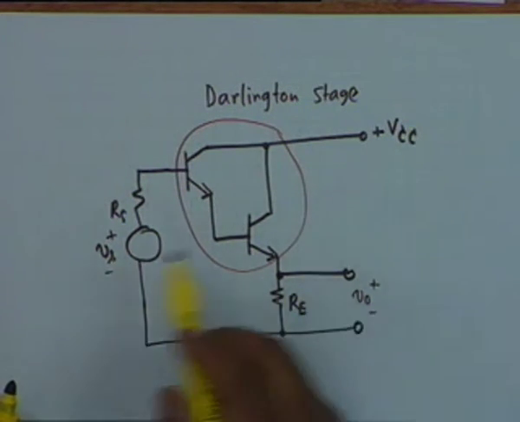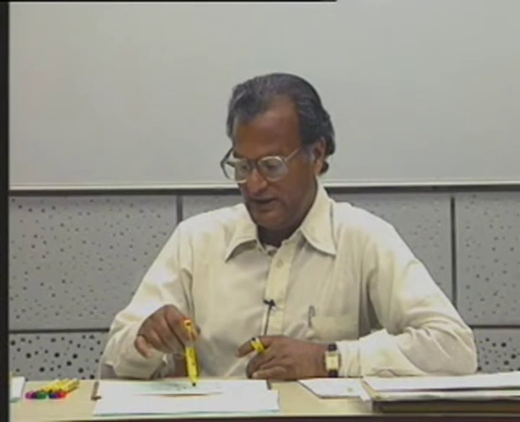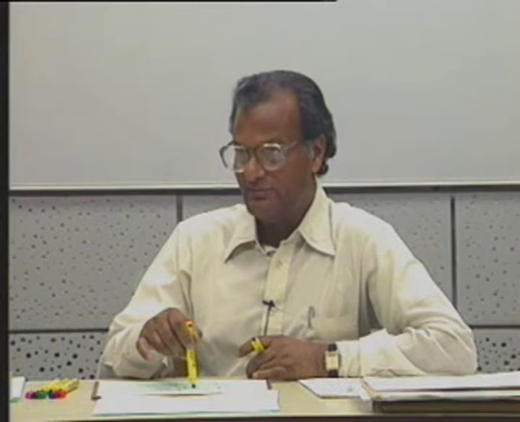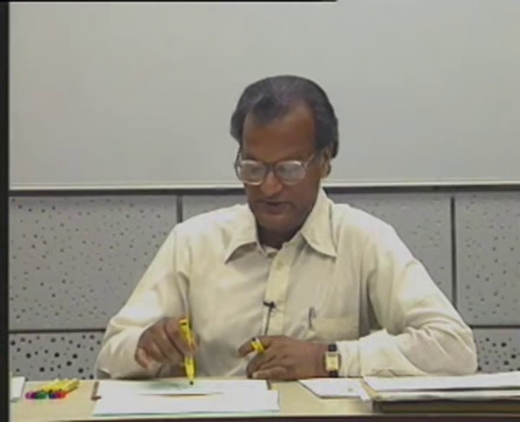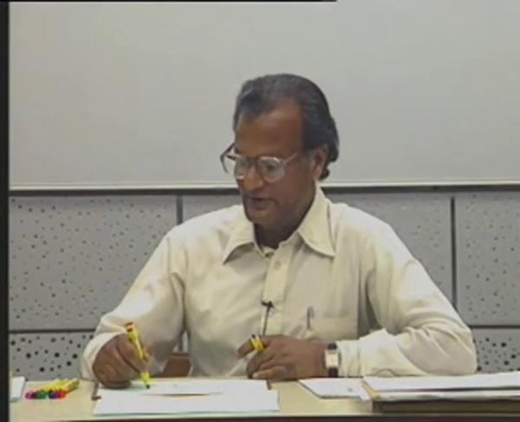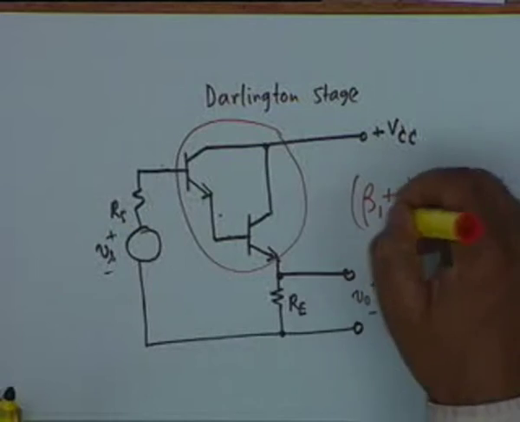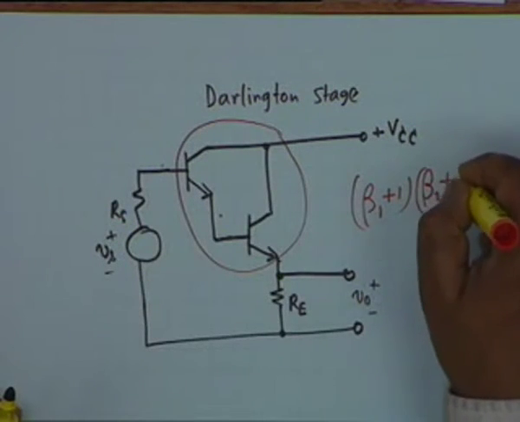Very grossly, the emitter current would be beta plus 1 times the base current, and this emitter current will be beta plus 1 times this base current, and therefore the current amplification should be (beta 1 plus 1) times (beta 2 plus 1).